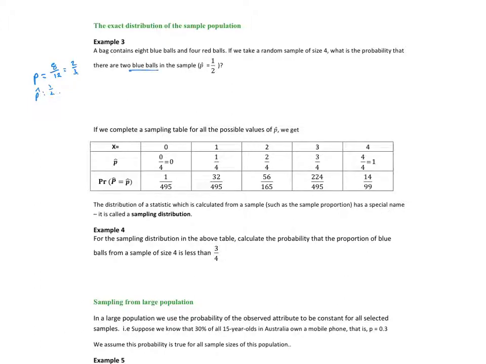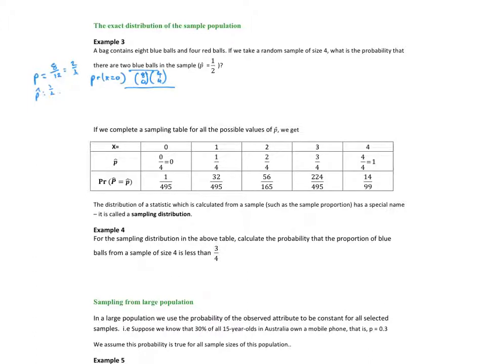So if we work out our probabilities now, let's work out the probability that x is equal to 0. That means that of the 4 balls that I pick, of the 8 blue balls, I'm going to pick 0, which means of the 4 red balls, I'm going to pick 4, out of how many balls am I picking in total?